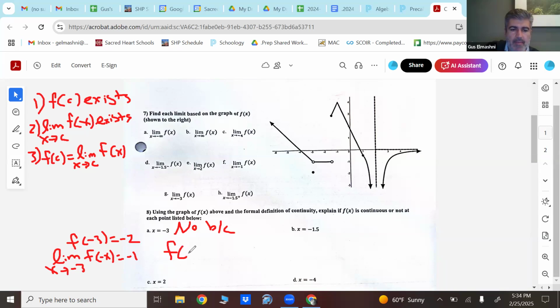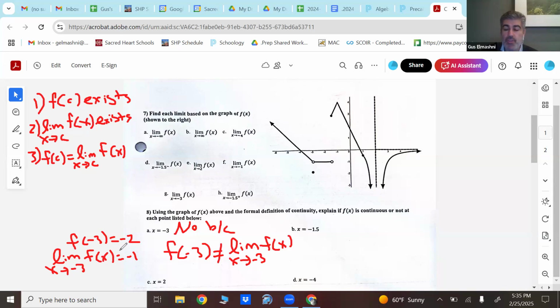And f of negative 3 does not equal the limit.